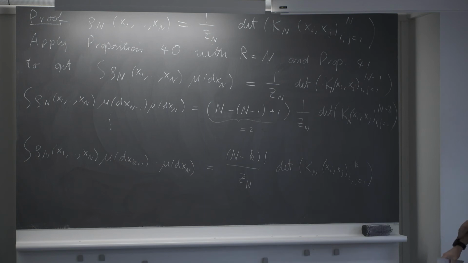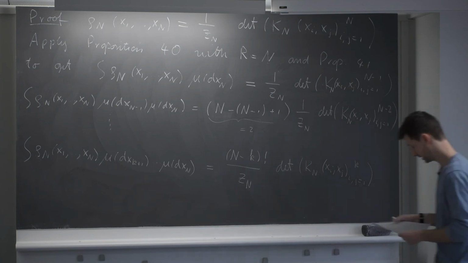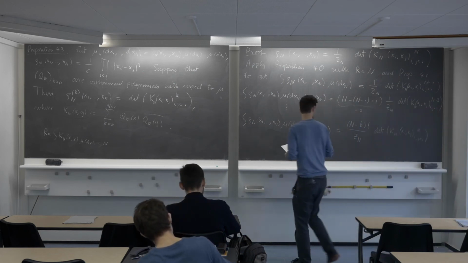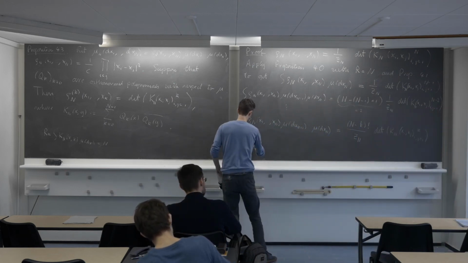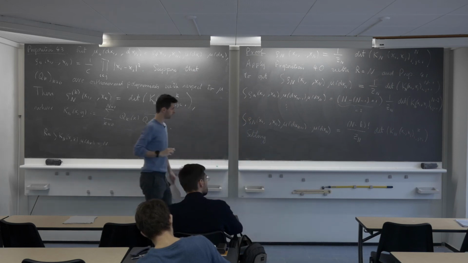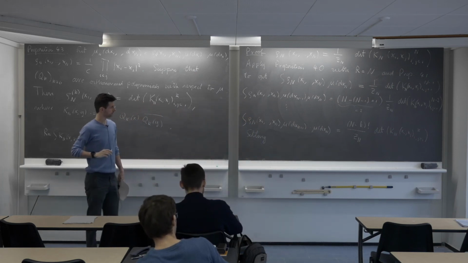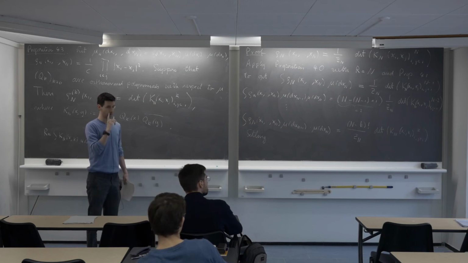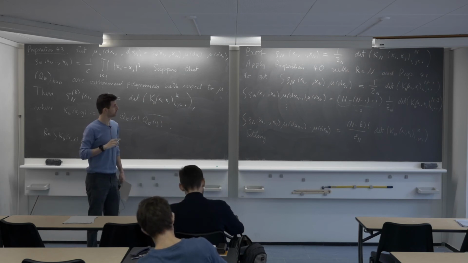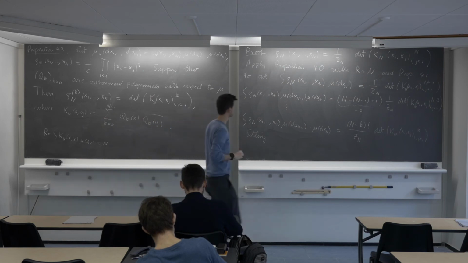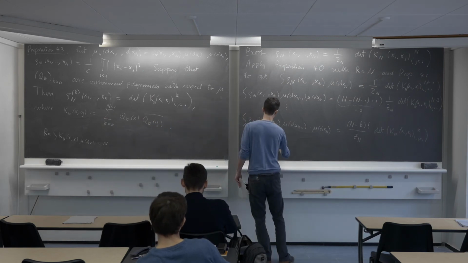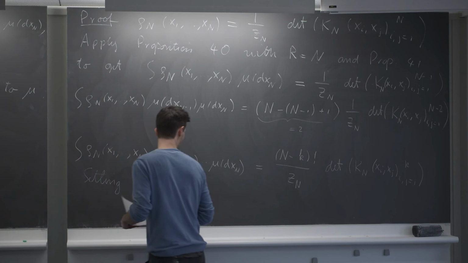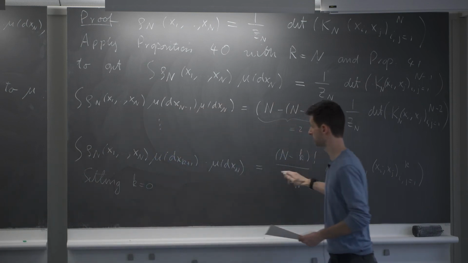So I'm not quite done yet. I have to figure out what this Zn is, and that's easy to find if I set k equal to 0 and integrate out all variables. Rho n was the probability density. That's how the Zn is chosen. And therefore, on the right-hand side, I have to get 1.